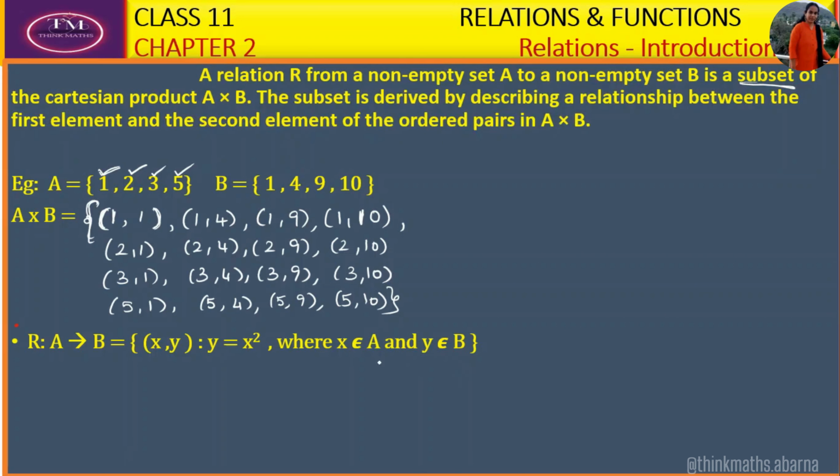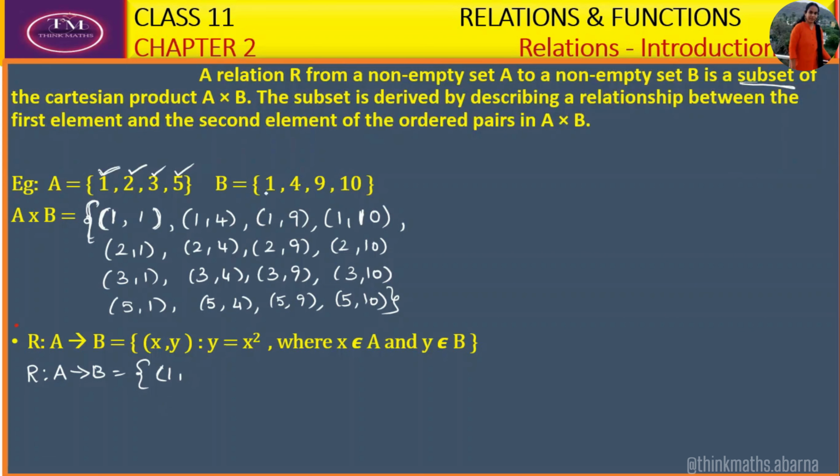Now let us write the relation R from A to B, which is the set of all (x, y). Choose the element x, where x belongs to A. Take 1. What is the square of 1? It is 1.